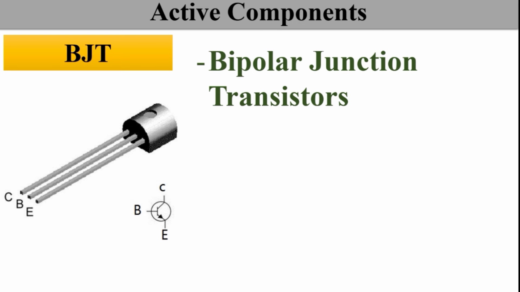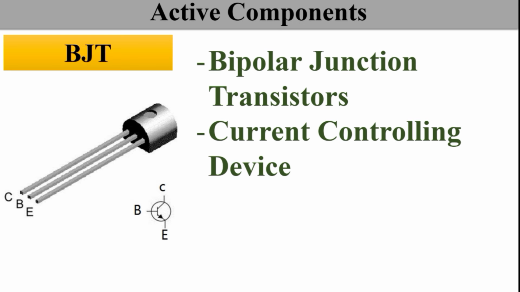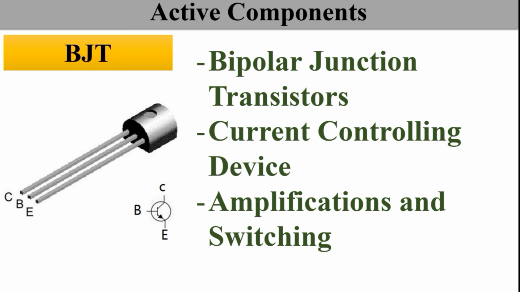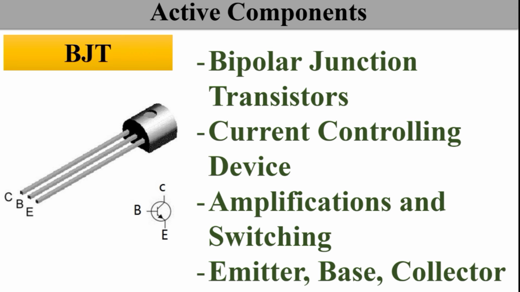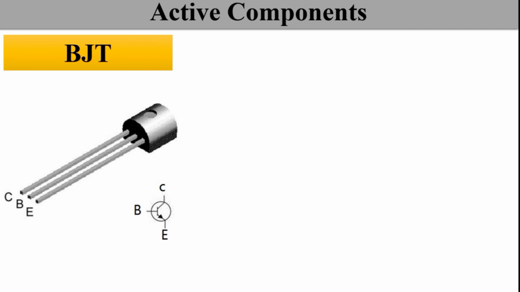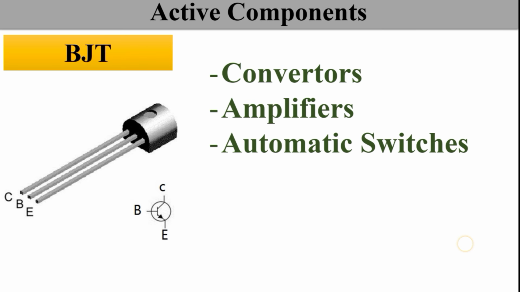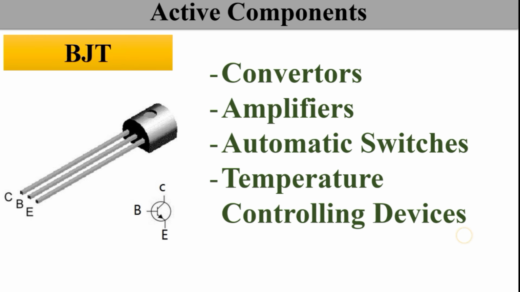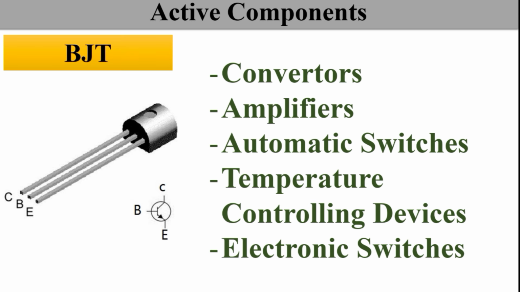This is basically a current controlling device, also used in amplifier circuits and switching electronic signals. It also has 3 terminals named emitter, base, collector. BJT is a type of transistor. BJTs are used in converters, amplifiers, automatic switches, temperature controlling devices, electronic switches, etc.